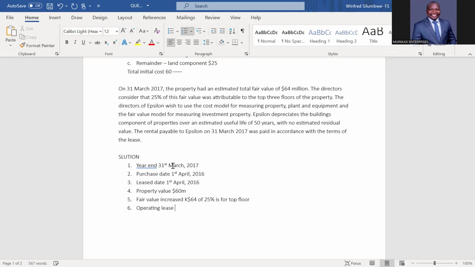When we talk about an operating lease, it means the owner still has the rights, and this asset should be in the statement of financial position.